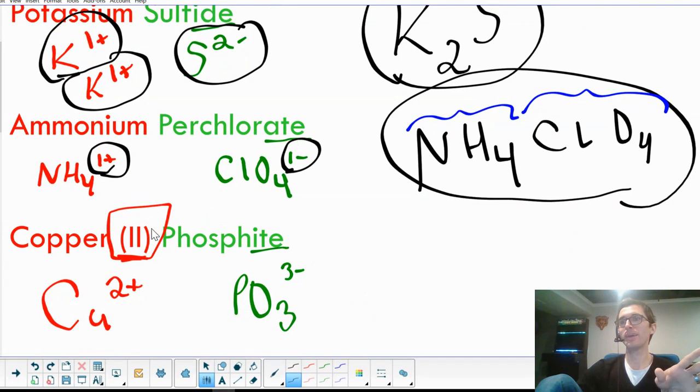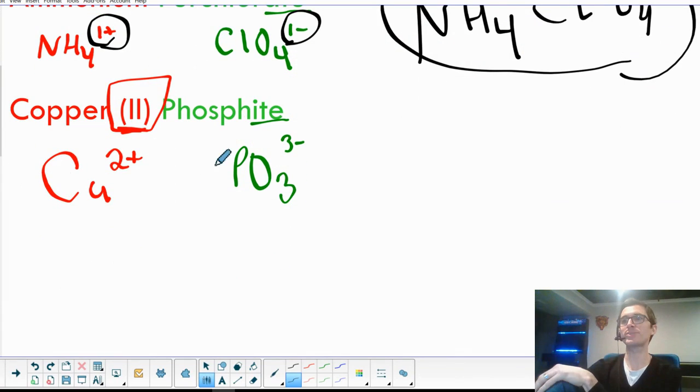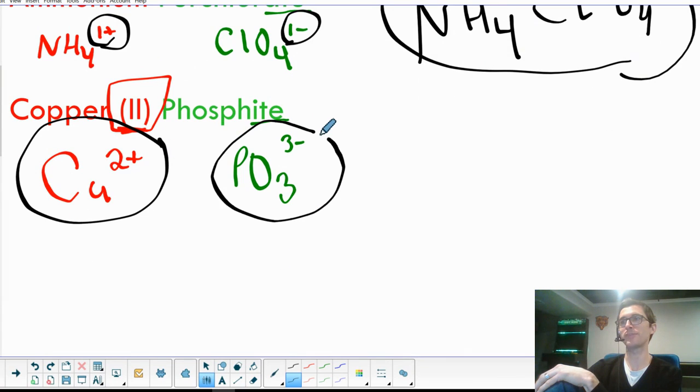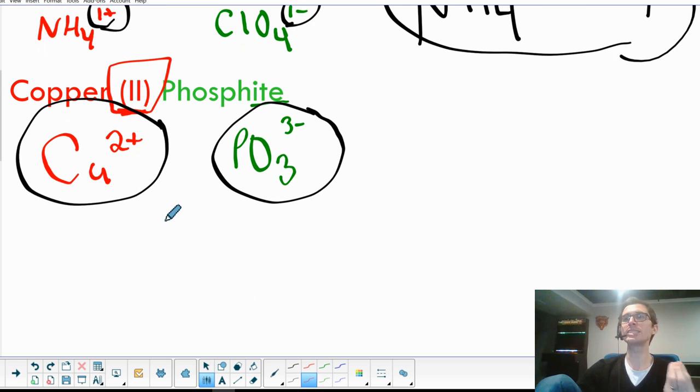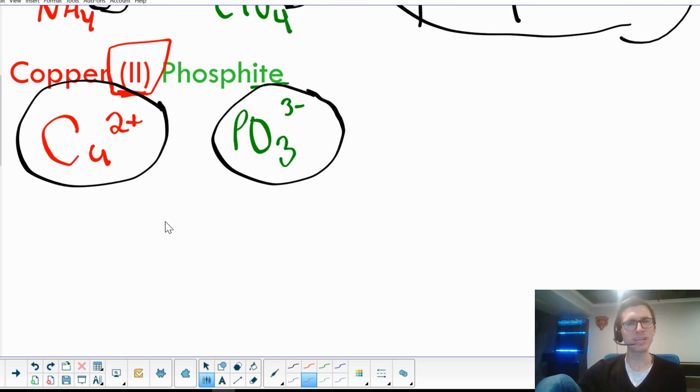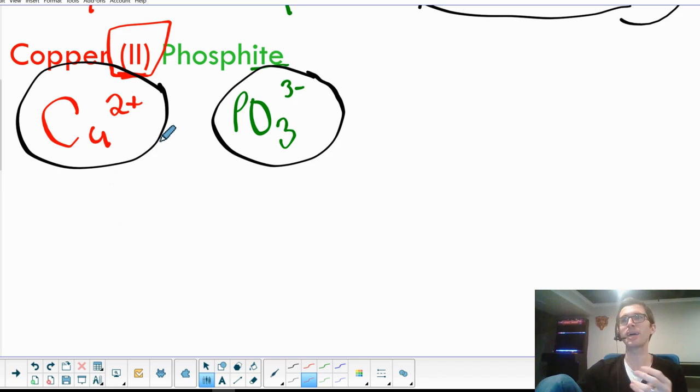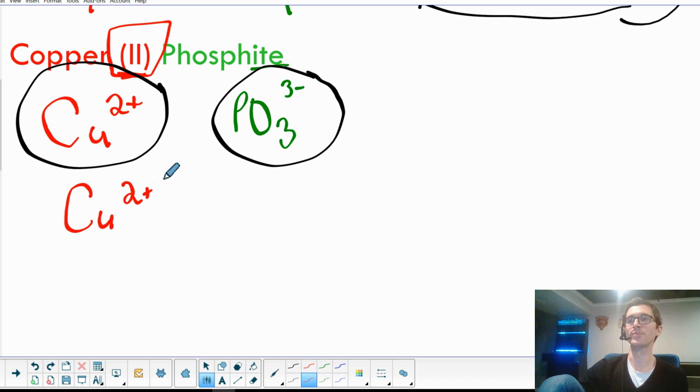All right. So copper(II) phosphite, last one. So if you check out the charges of this Cu2+ and the phosphite ion, they're not equal and opposite. So this one tends to be some of the more challenging ones for the formulas, but just take your time. You need to balance the charges out. So I usually just keep on adding cations and anions until the charges even out.